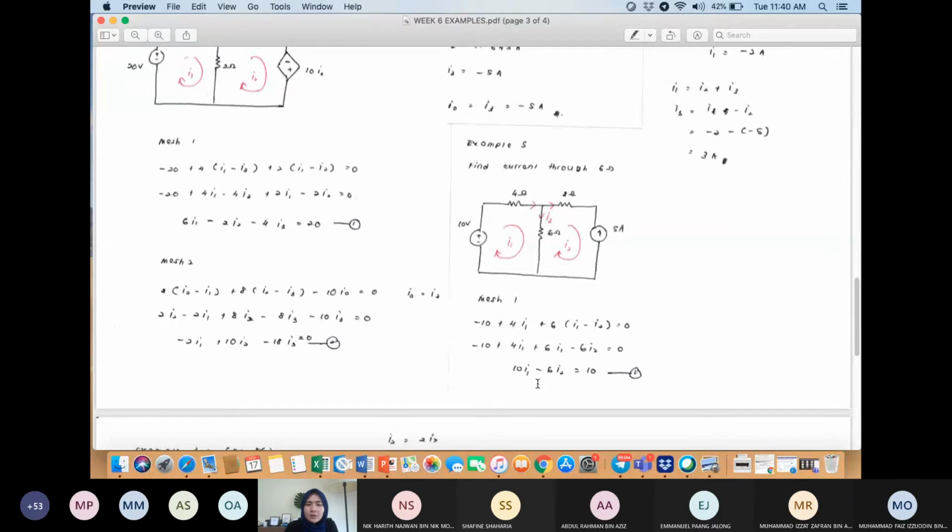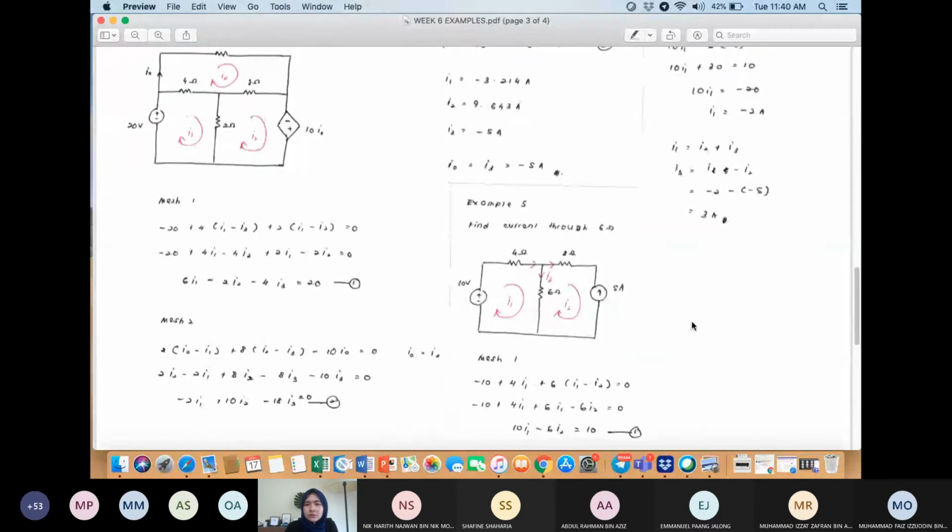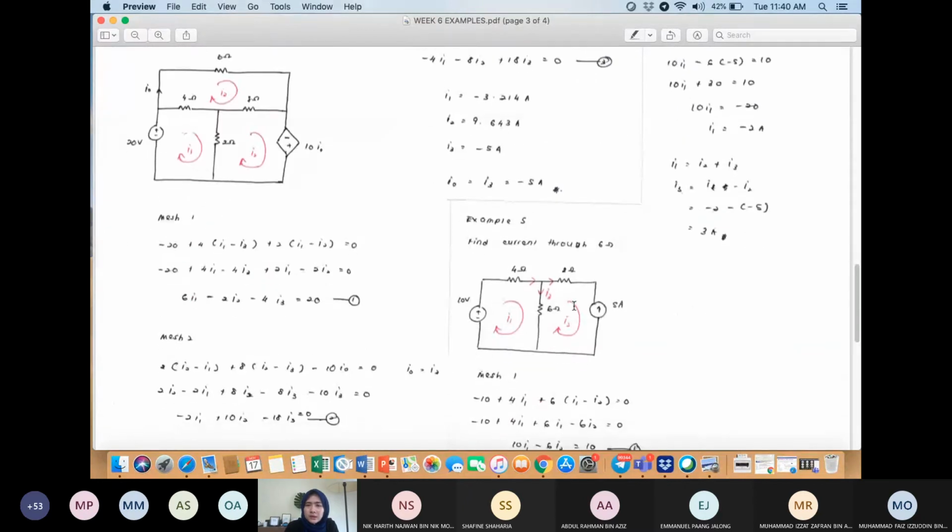And you will get 10I1 minus 6I2 equals 10. For the second mesh, you don't need to do the KVL because you already know that the current here equals 5 ampere, because this is a current source. In the previous example, we used a voltage source, but this one is a current source.